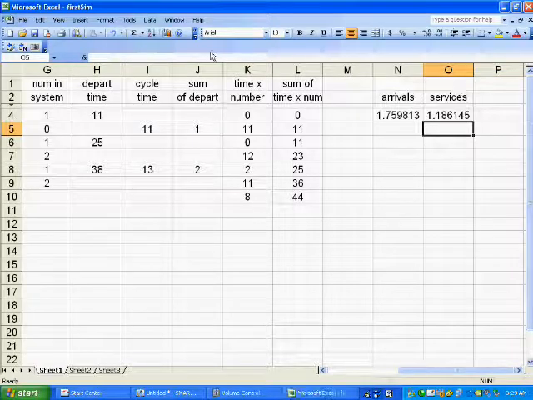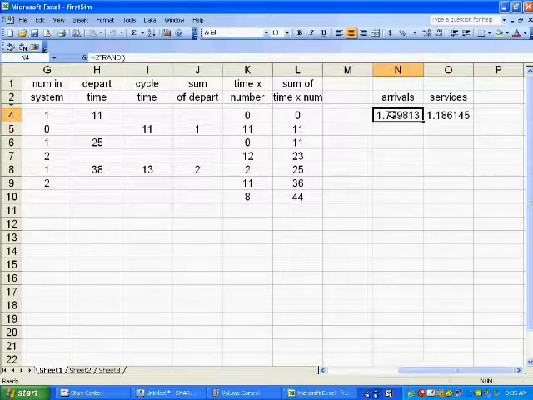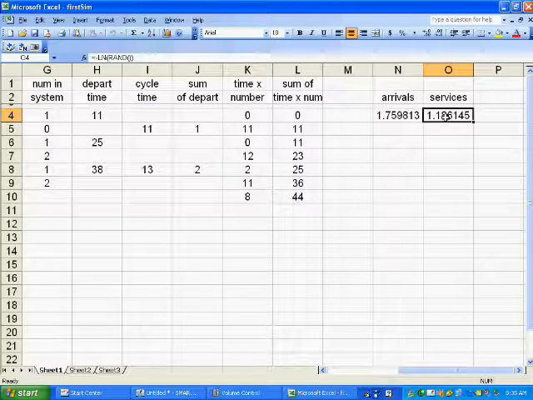I had another interesting suggestion. This will also work. Okay, we have arrivals here. That's 2 times the random number. We have services here. Turn the screen on. I guess I have to wait a minute.